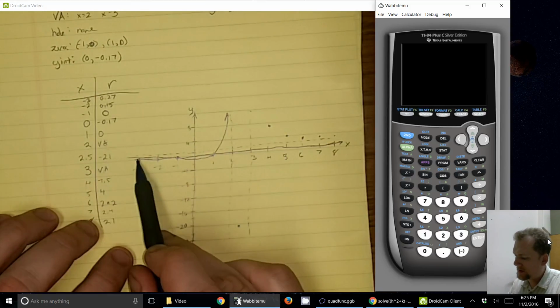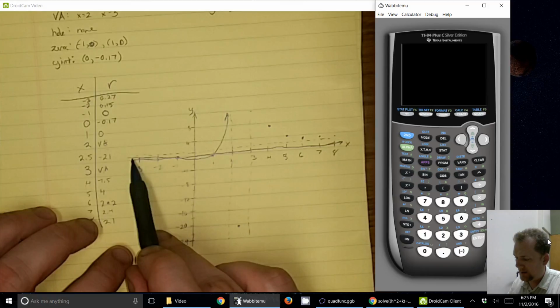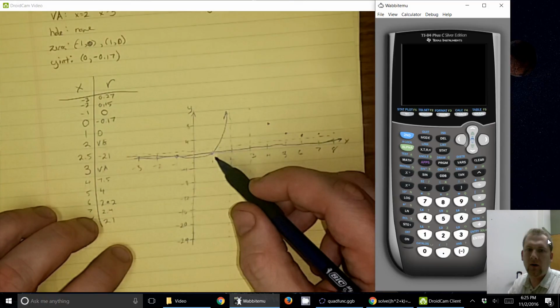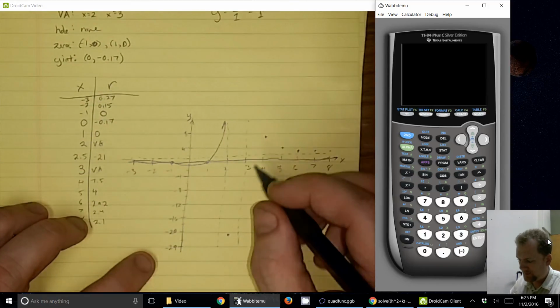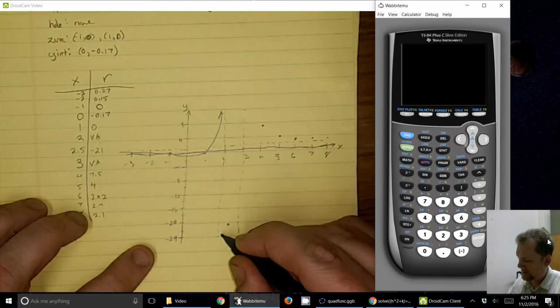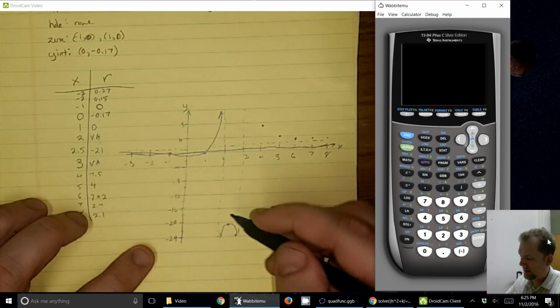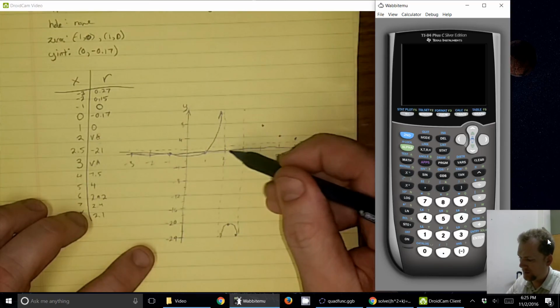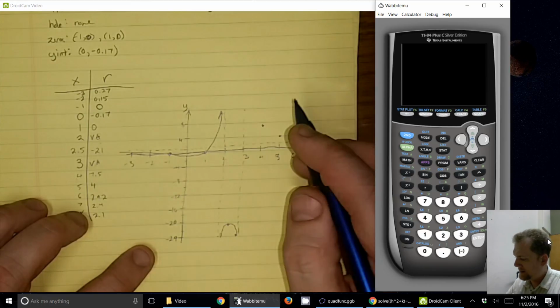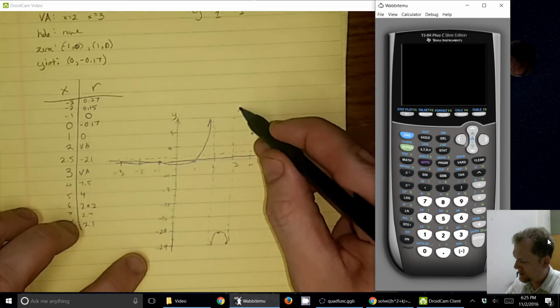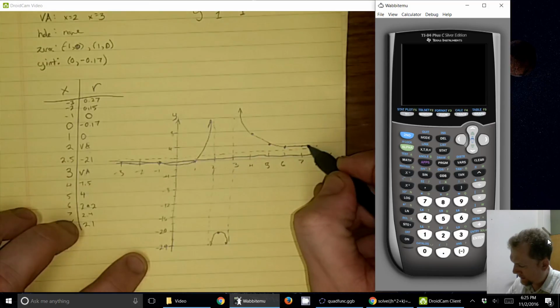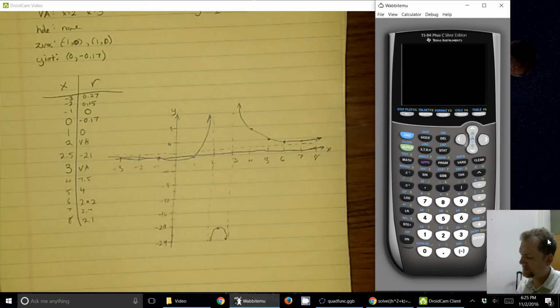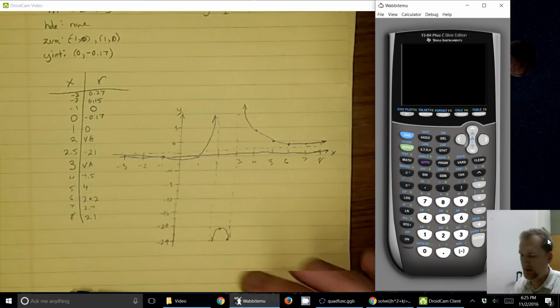You can't cross it in your end behavior. It's approaching it in the end, but in the middle behavior, you're allowed to cross a horizontal asymptote. Now, how do we deal with this? Well, it's doing something like this, right? It can't be going the other way, or else there would have been some zeros over here. And then this one is just going to come down like that and approach that asymptote. So that has to be what's happening.